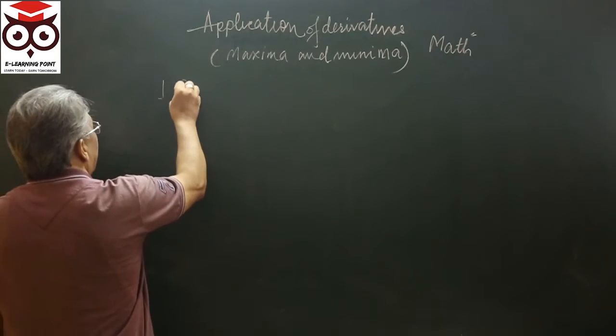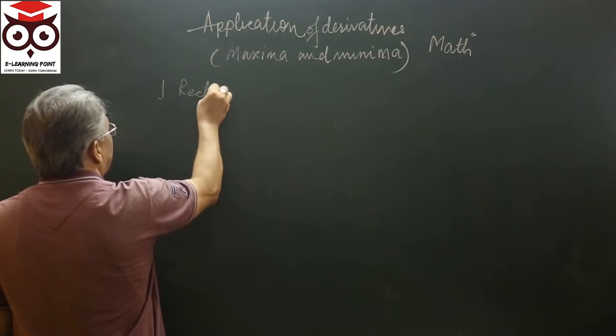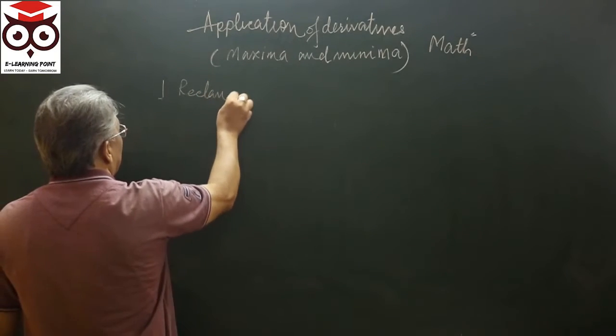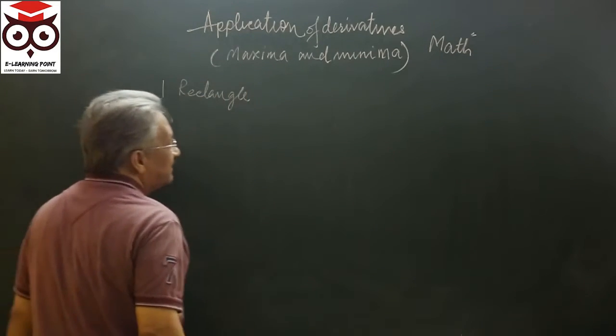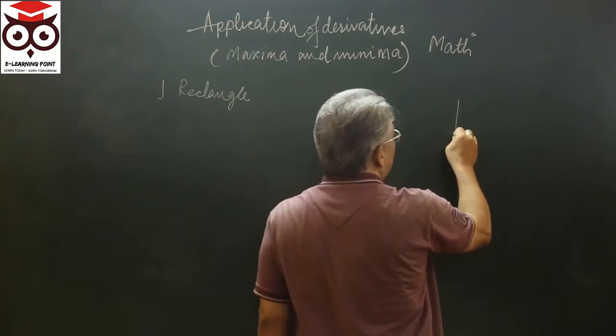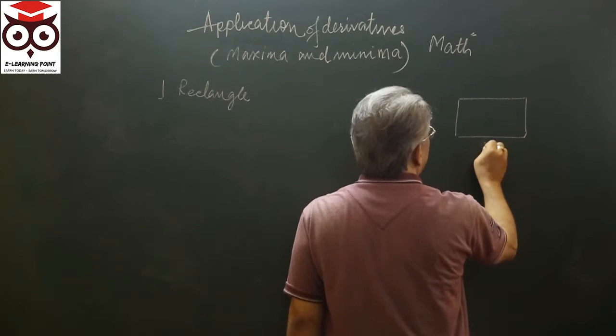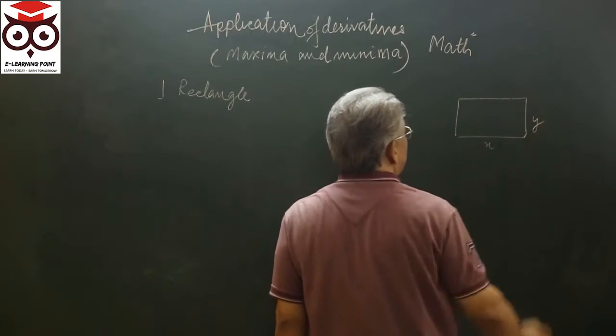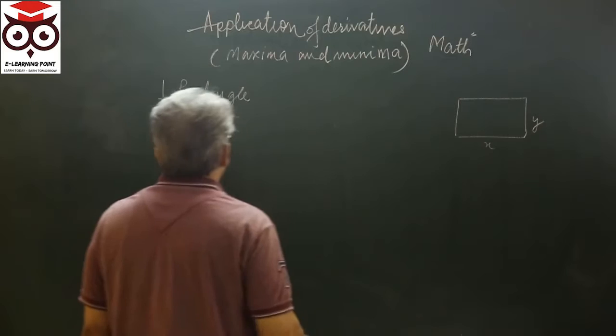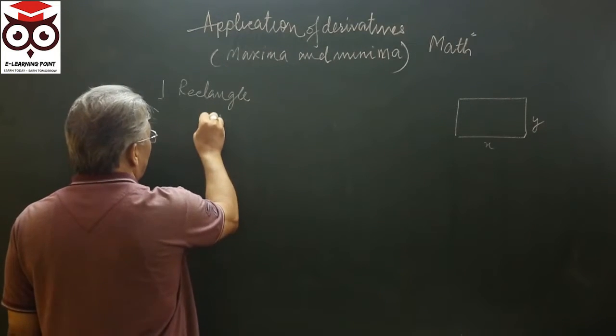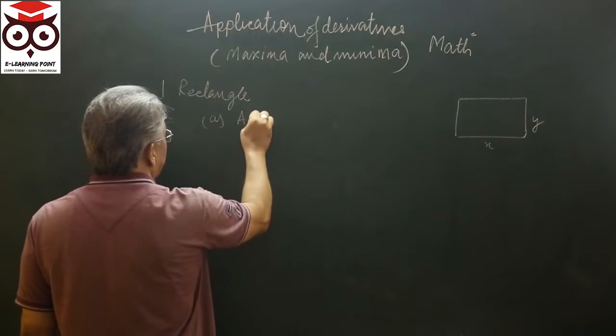First is the rectangle. Rectangle is nothing but a figure which consists of 2 sides. The one side is called x and the other side is called y. So there will be 2 formulas. One is called area.